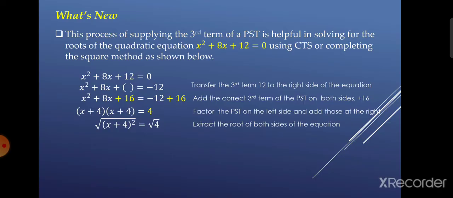So the only way to eliminate exponent 2 is to make use of the square root property. If we put square root on the left side of the equation, we also write square root on the right side of the equation. So that is extracting the root of both sides of the equation.